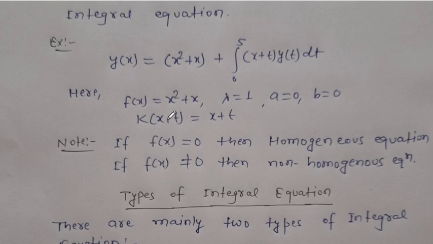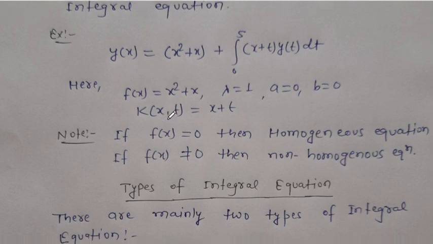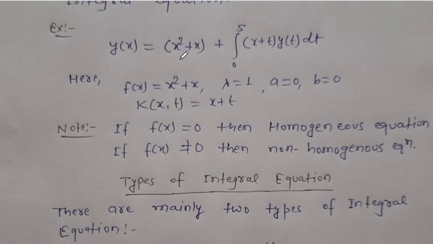Now let us look at an example. y(x) equal to x square plus x plus integral from 0 to 5 of (x plus t) y(t) dt. See, here f(x) is x square plus x, lambda is not given, which means it is 1, a equal to 0, b is equal to 5, and the kernel k(x,t) is x plus t.